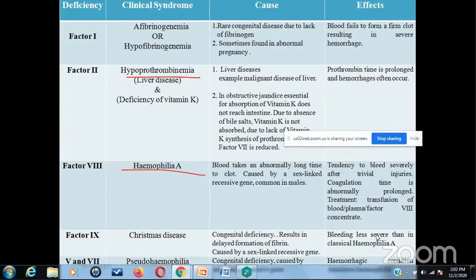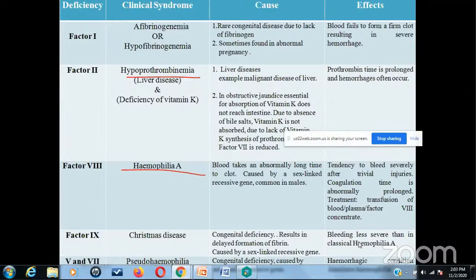Lastly, there is something called pseudo-hemophilia. Whenever there is deficiency of factor 5 and 7, that is the labile factor and the stable factor together, it leads to a clinical syndrome which is called pseudo-hemophilia.